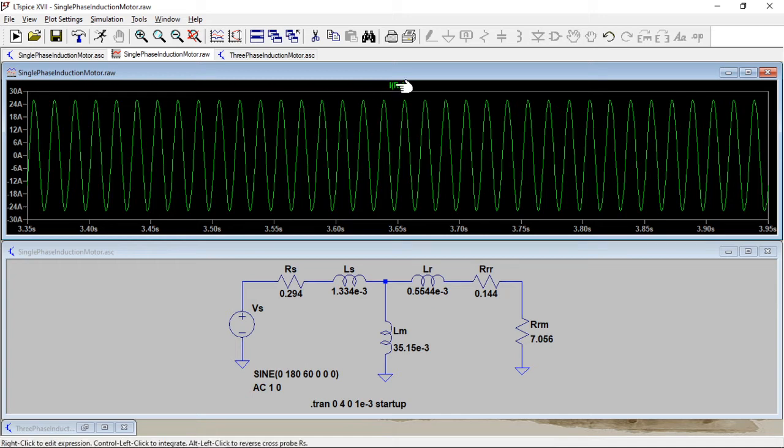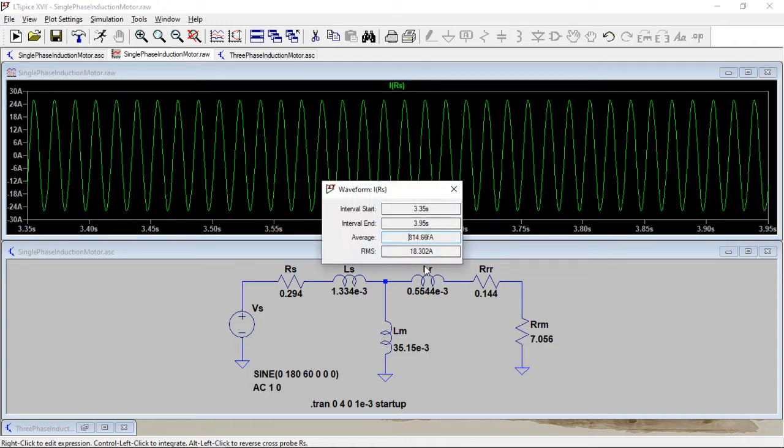Okay, now what I'm going to do is use a feature built into LTSpice where if I hit the control key and left mouse click, it'll give me the RMS. Okay, about 18.3 amps actually flowing here in the stator. Okay, so that's interesting.